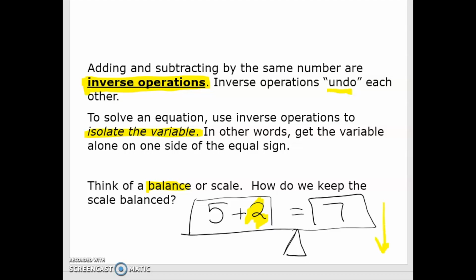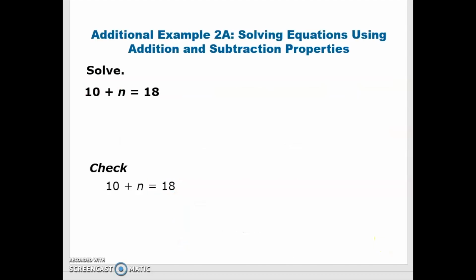Well, this guy would shoot down to the ground, that guy would shoot up in the air, right? That would be a problem. We'd be out of balance. So we'd have to also take 2 away from the right side. And that's exactly how solving an equation works. To help us, I'm going to suggest that you draw a line down your equal sign, because that way you can make sure you're doing the same thing to the left that you're doing to the right.